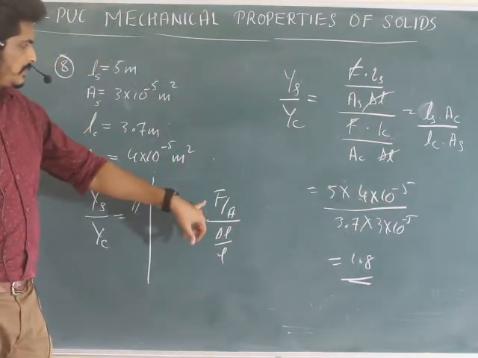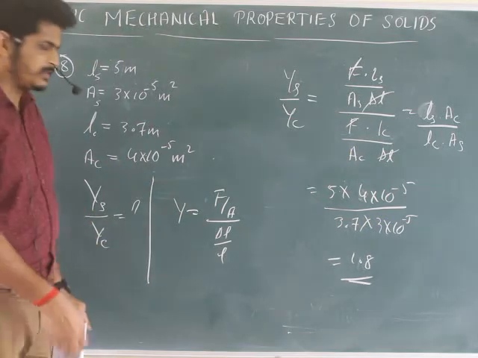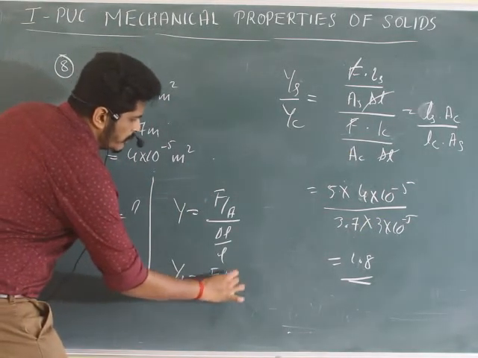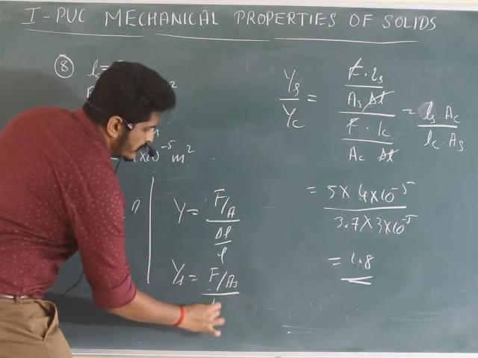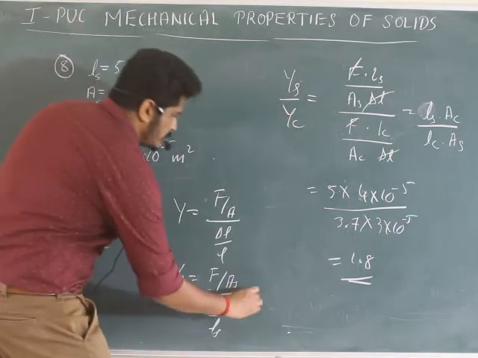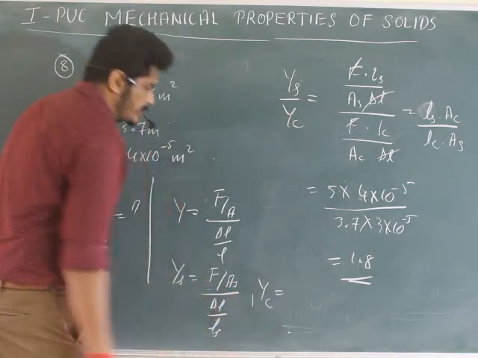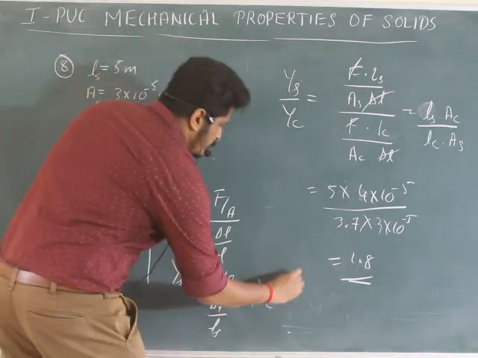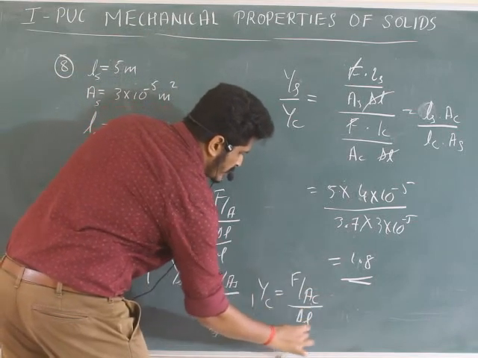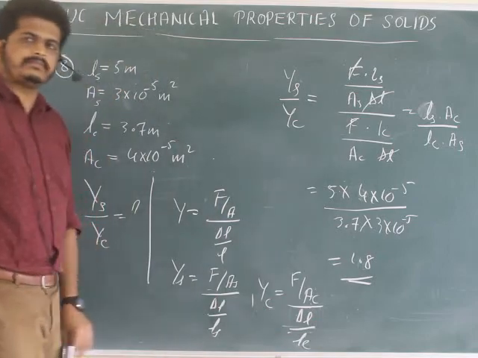Suppose you want to write separately, you can do that. Y steel equals force divided by area of steel divided by delta L by length of steel. Next, copper. Young's modulus of copper is what? Force same, area of copper separate, divided by stretching same by L copper. That is it.